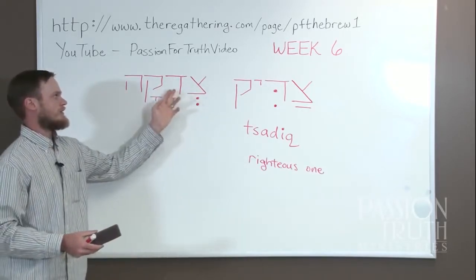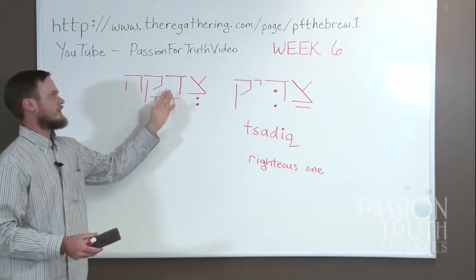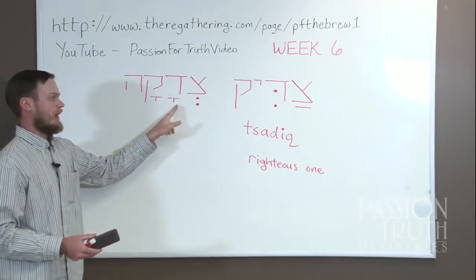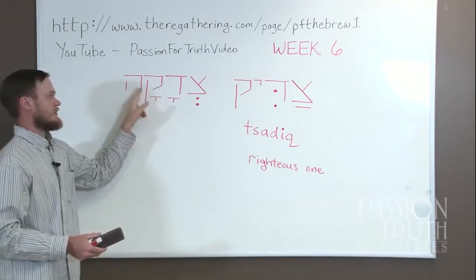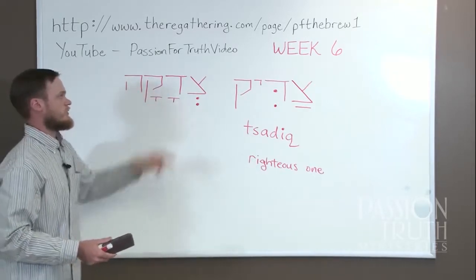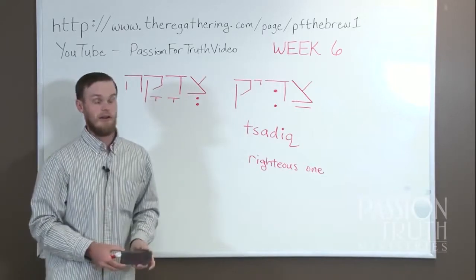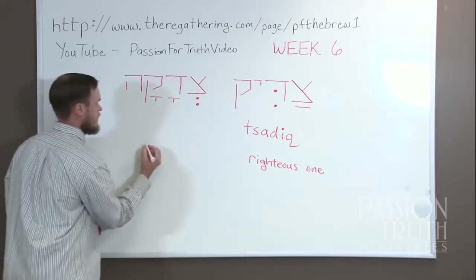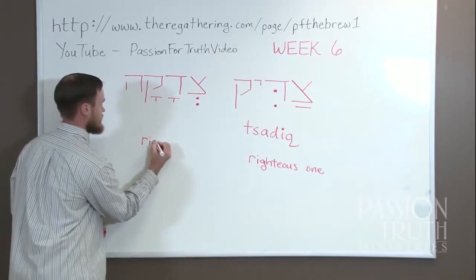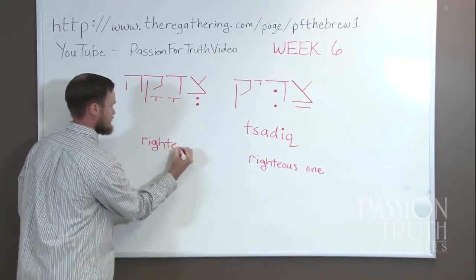Then we have the a of the komets, the k of the kuf, the a of the komets, and the hey at the end is silent. So tzedakah. Tzedakah is how this would be pronounced. And tzedakah means righteousness, the state of being righteous.